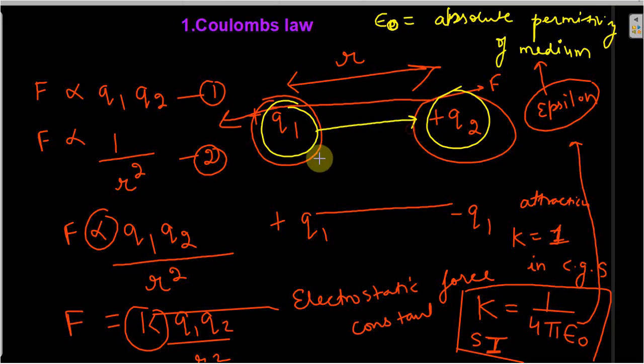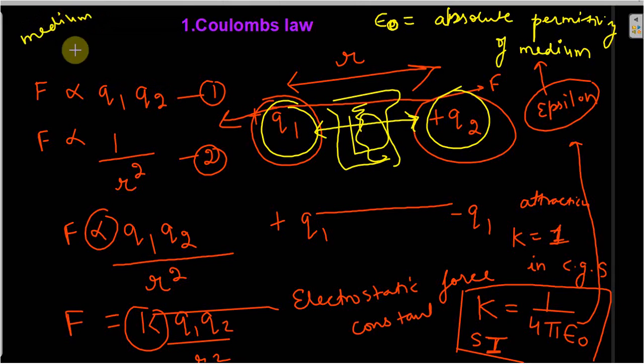When two charges are exerting force on each other, it means there is an interaction between the two charges. But when these two charges exert force on each other, the medium, the air, or if these charges are in water or any other medium, this medium offers resistance to the interaction between the charged particles.